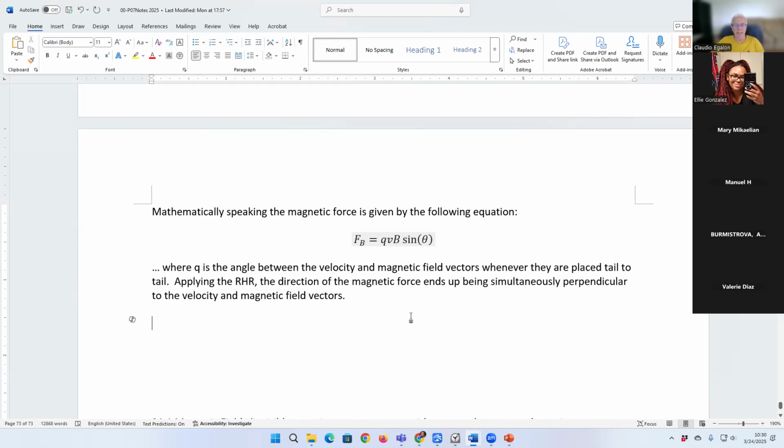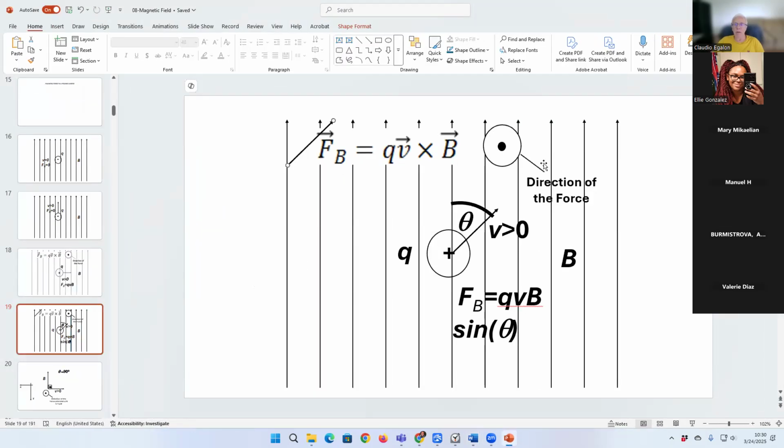Like that. Okay, so here you go. Here's the force. This dot here means that the magnetic force is pointing away from the plane of my screen. So this direction is going to be perpendicular to the magnetic field vector and also perpendicular to the velocity vector.